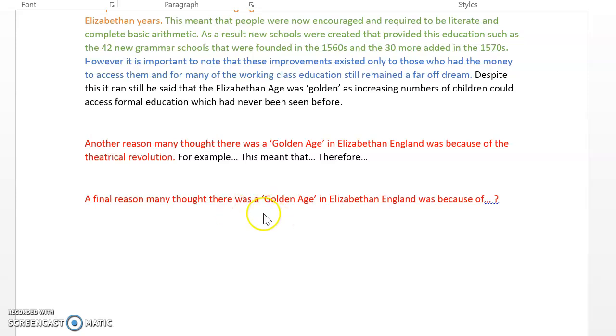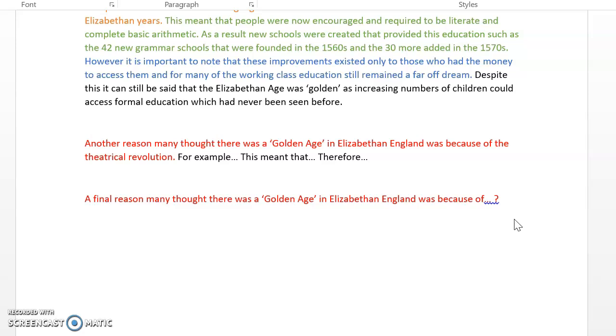And the final reason that many thought there was a golden age in Elizabethan England was because, and this is where I want you to use your own information or research or your notes to answer this last paragraph. A couple of examples you could use as pointers. You could say that there was a golden age in exploration.